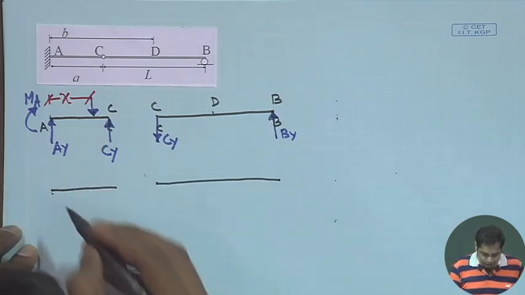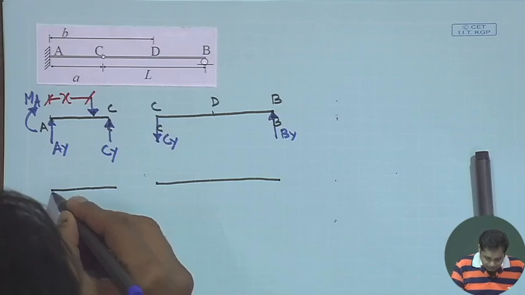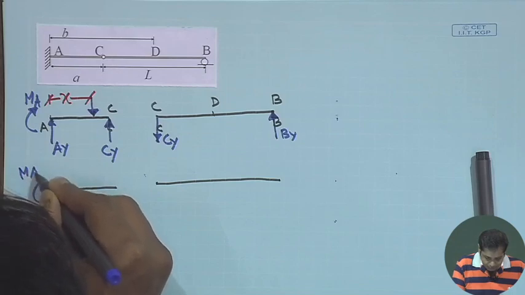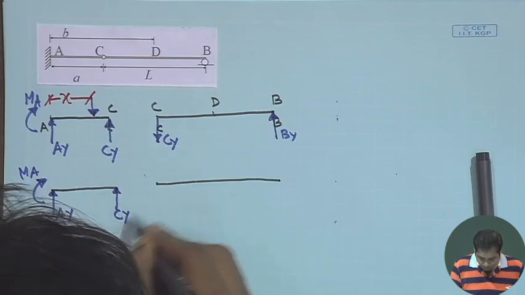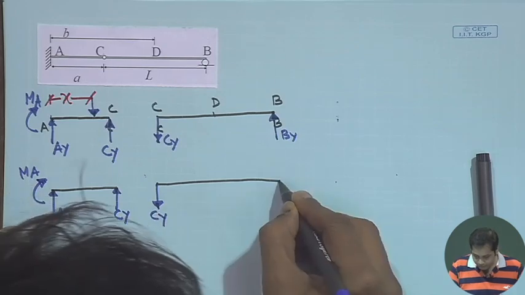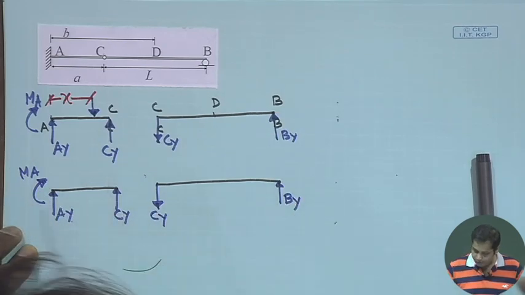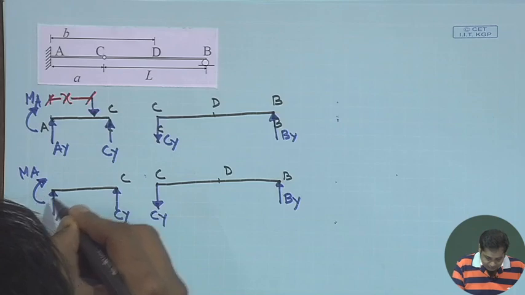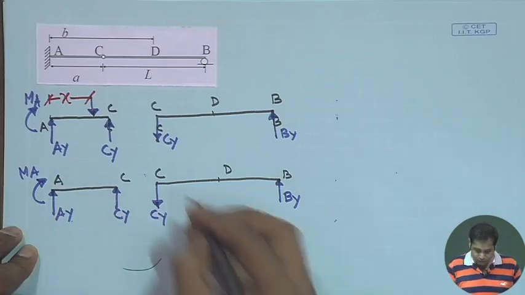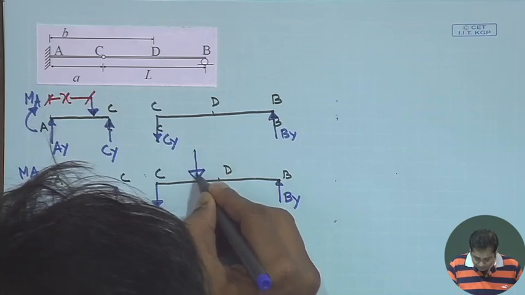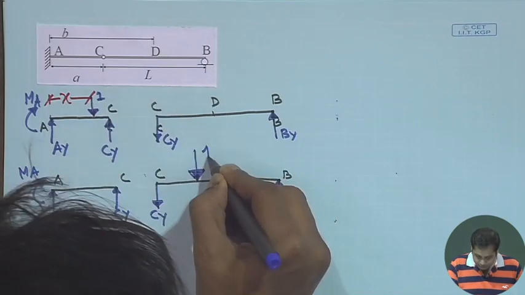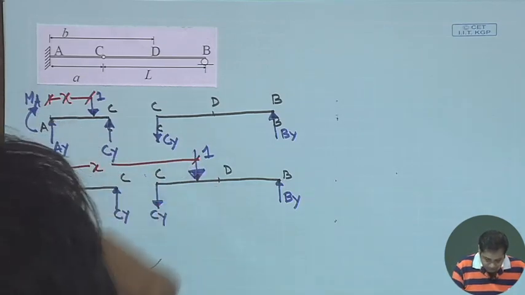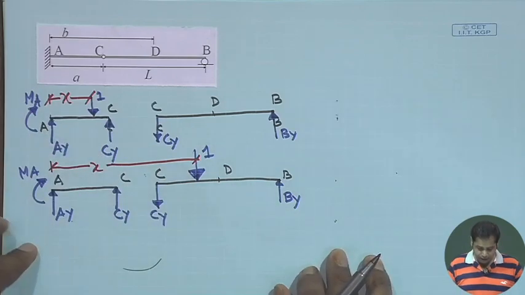Now we have AY, this is MA, this is CY, BY, this is B, this is D, this is C, and this is A. Suppose the unit load is between C and D. So this is the unit load, which is at a distance x, always measured from A, so that we use the same origin, the same reference coordinate.